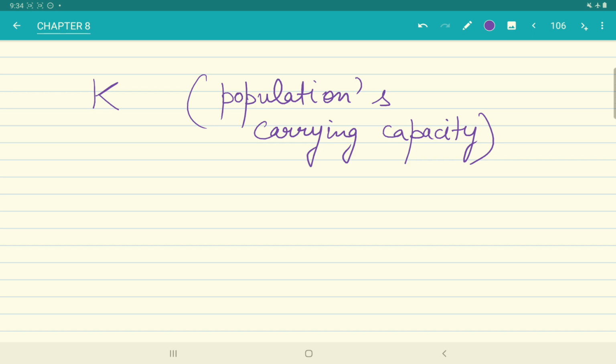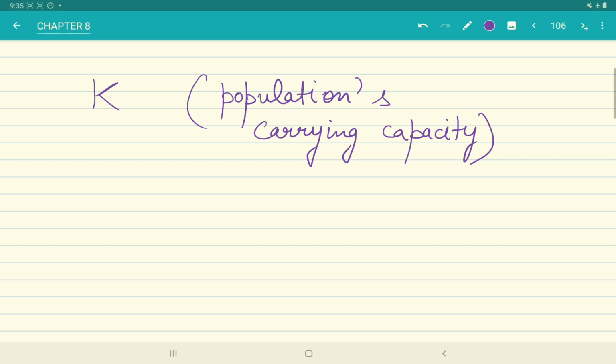The fact is, we have to assume that population is growing approximately in an exponential manner up till quantity K, which is called the population's carrying capacity. After that point, above that quantity K, the per capita rate of increase of the population in fact turns negative. That means after that point is reached, the environment is no longer able to hold that population.